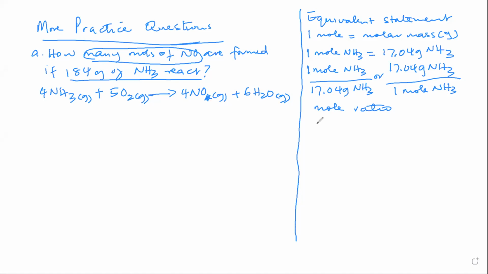So the mole ratio is 4 moles of NH3 over 4 moles of NO, or 4 moles of NO over 4 moles of NH3.